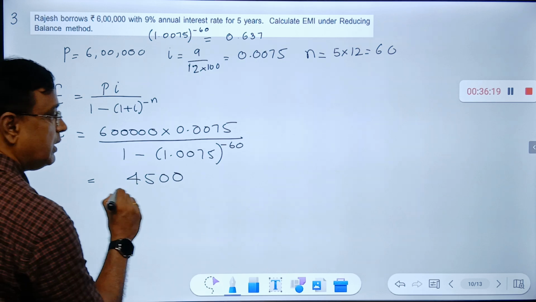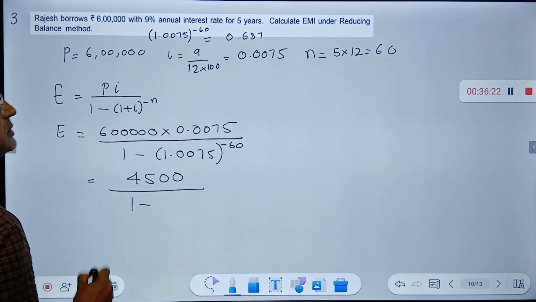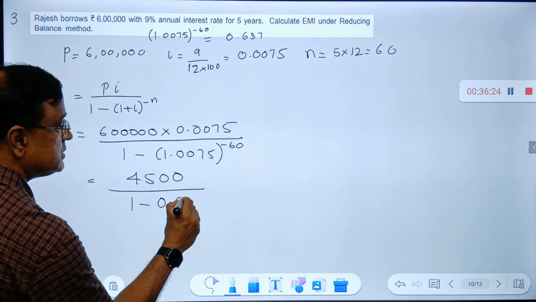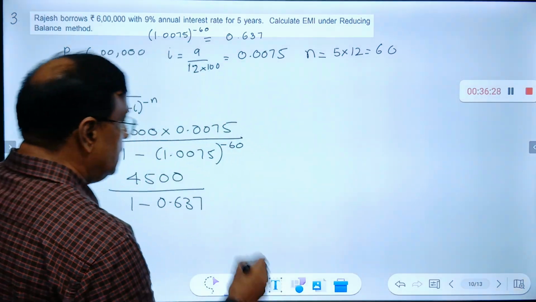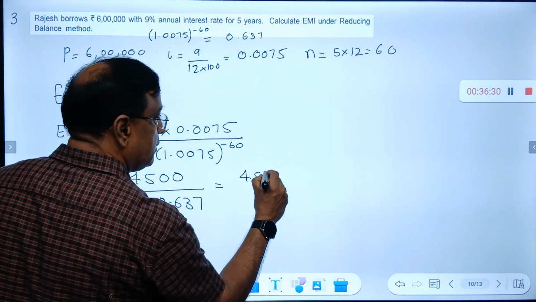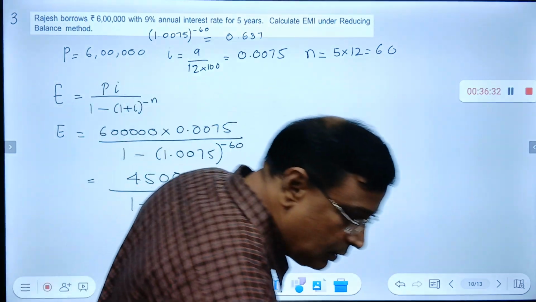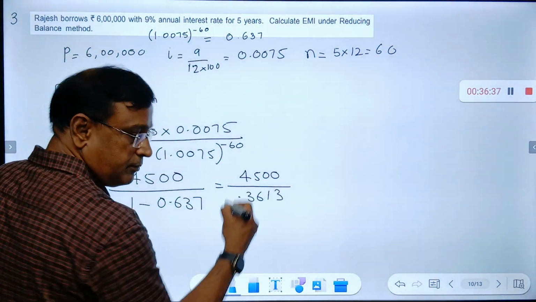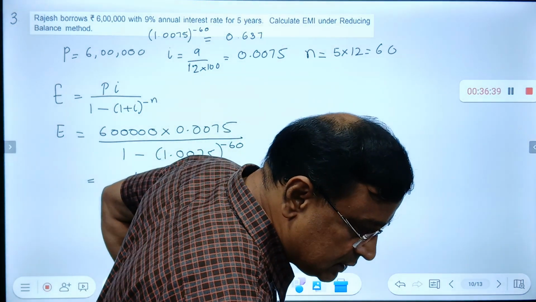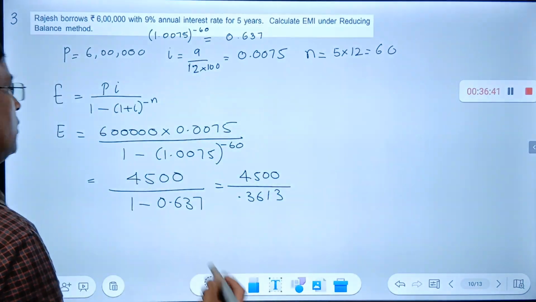It is 4,500 divided by 1 minus 0.637. The value is given to you. Now since the value is given to you, this will be 4,500 divided by 0.3613. Okay, 3613.